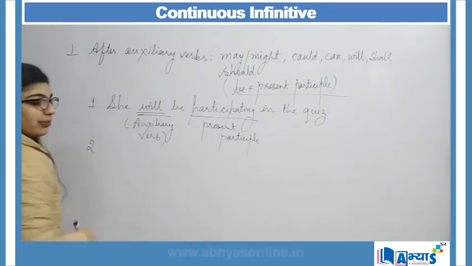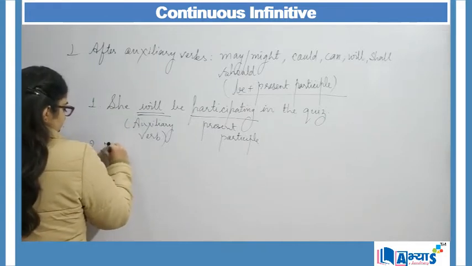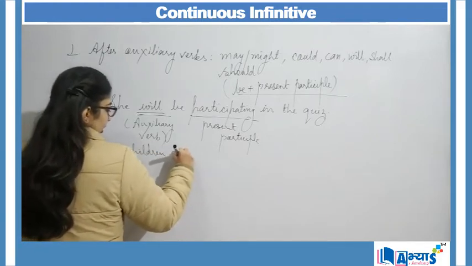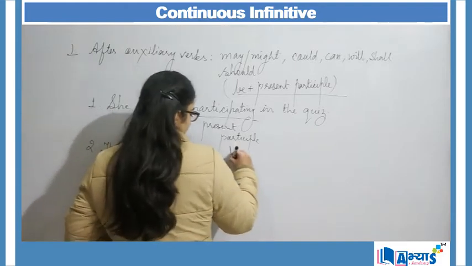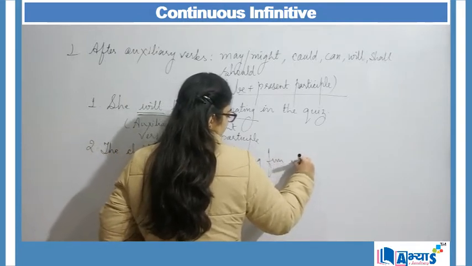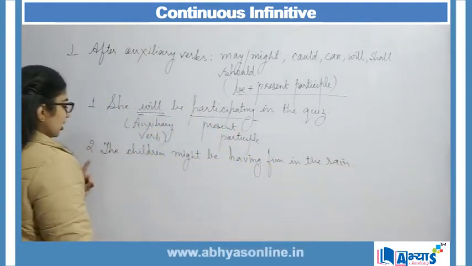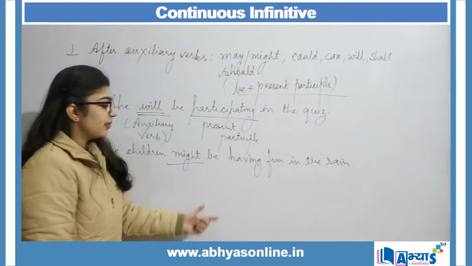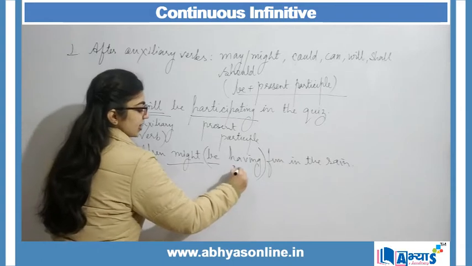Now the second example can be: the children might be having fun in the rain. Here, might is again my auxiliary verb, and be plus having is be plus my present participle.